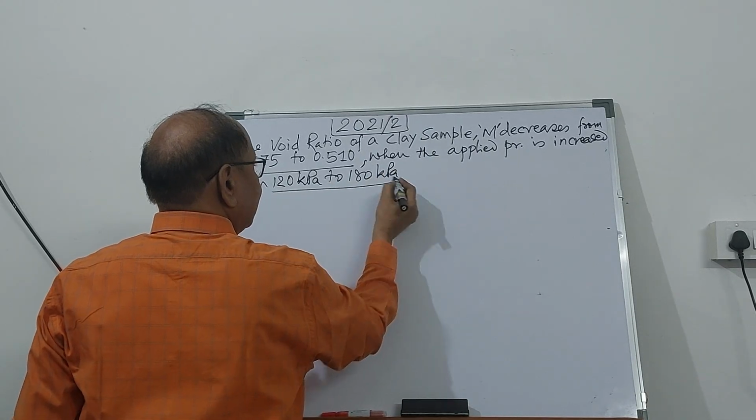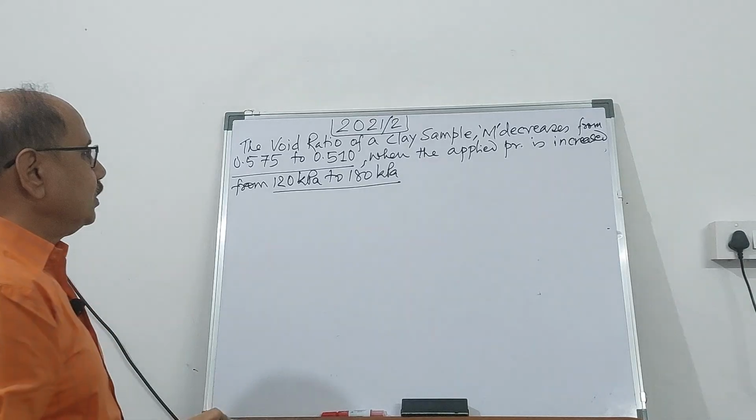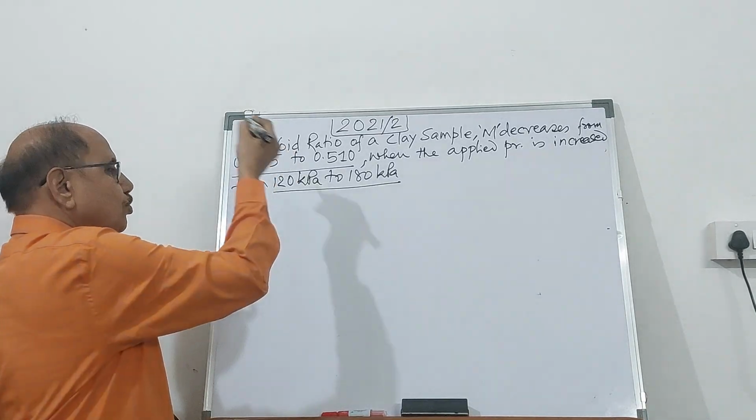So the increase in pressure, delta sigma prime, is known to you, delta e is known to you.